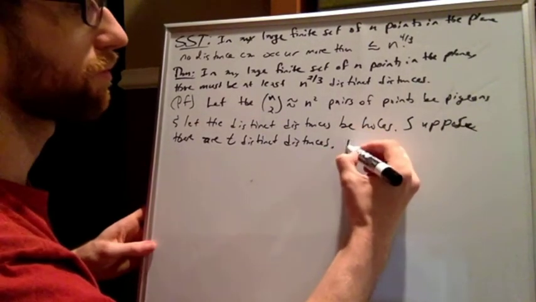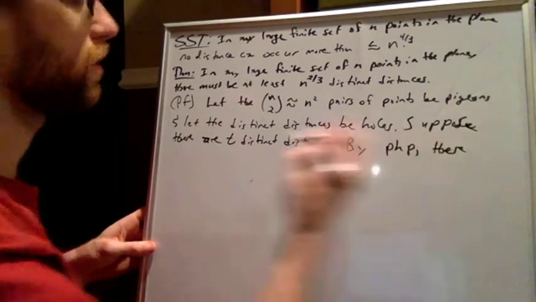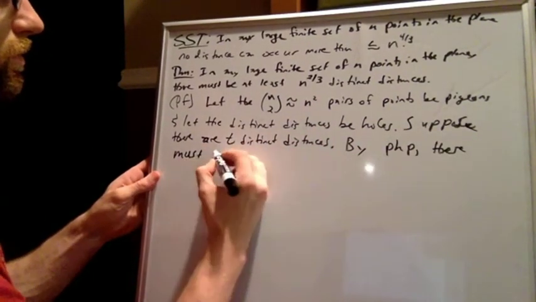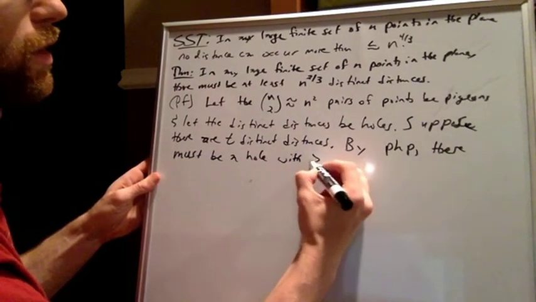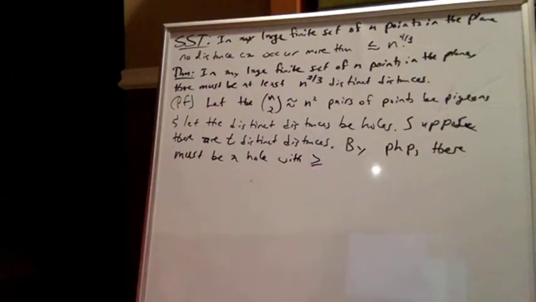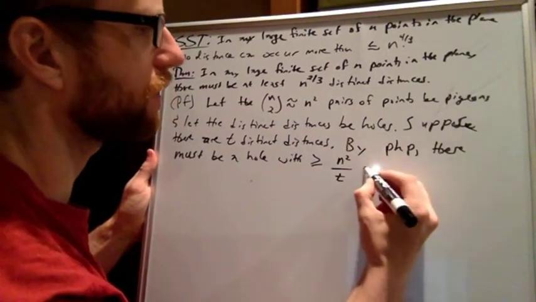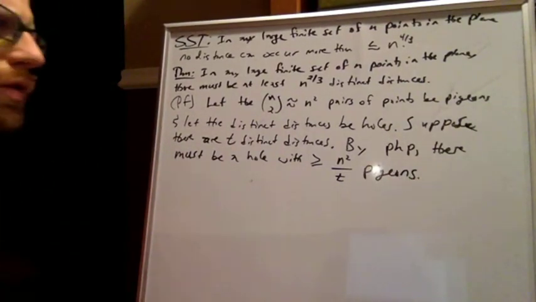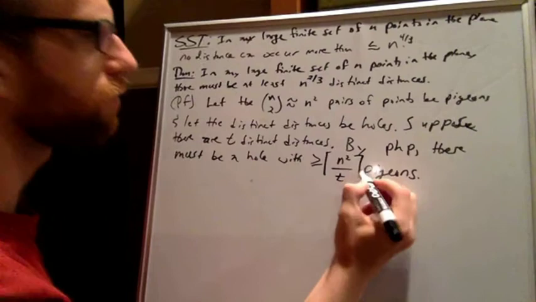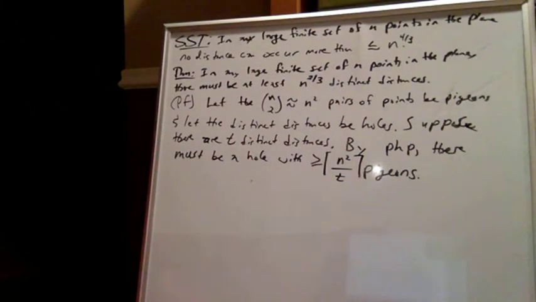Well, by the pigeonhole principle, there must be a hole with at least, number of pigeons divided by number of holes, pigeons in it, with at least n squared divided by t pigeons. I guess we'd put a ceiling here if we're going to be really careful. So that's just the pigeonhole principle.